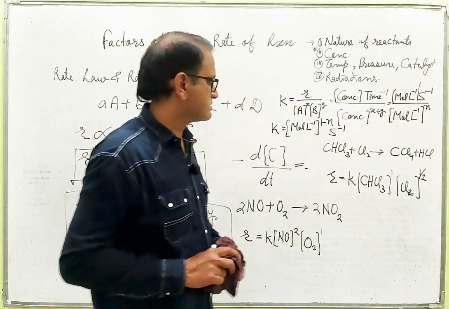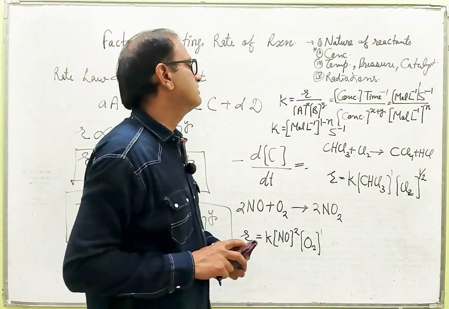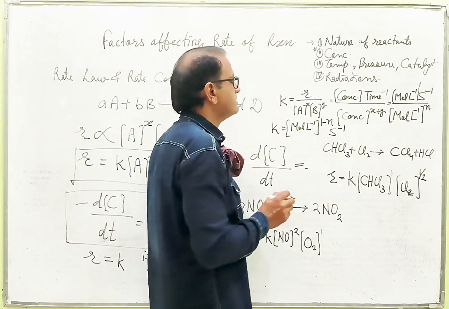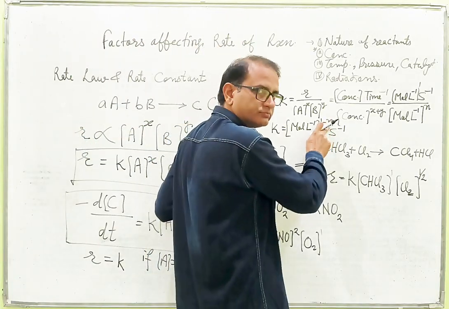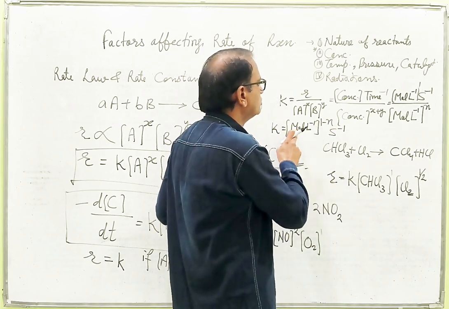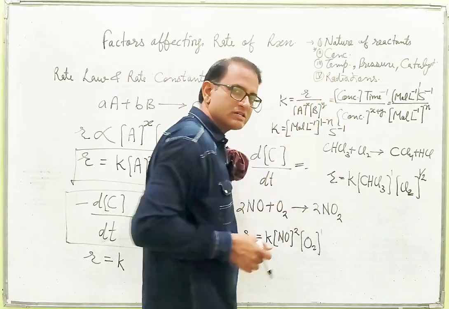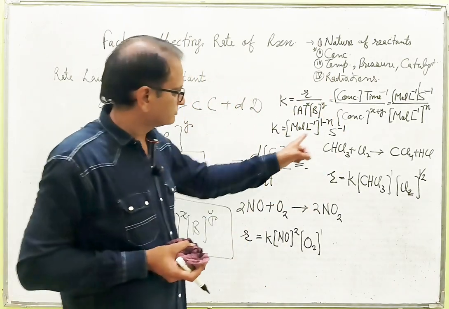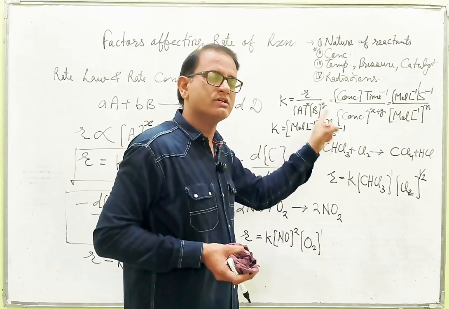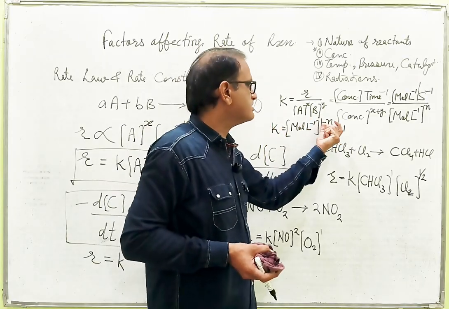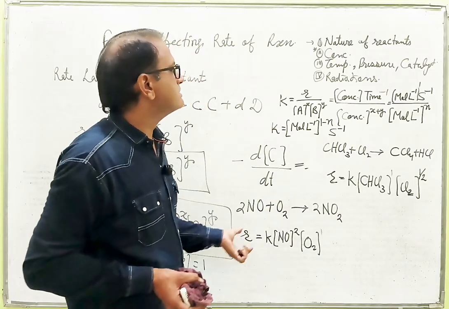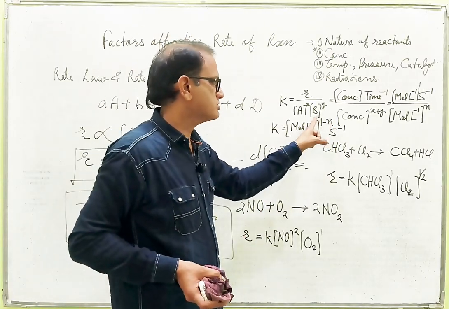Like for a zero order reaction, if the order of reaction is 0, then n will be 0. So the unit will be mole liter inverse second inverse. If the value of n is 1, then 1 minus 1 means 0.